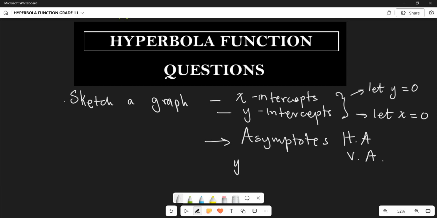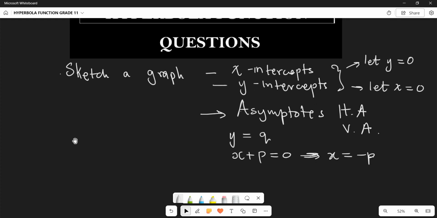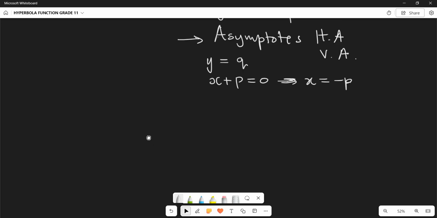We said y is equals to q and x plus p is equals to 0, which then gives us x is equals to negative p. So those equations will be useful in terms of drawing the graph and also finding the axis of symmetry. Yes. So let's go straight to the question.